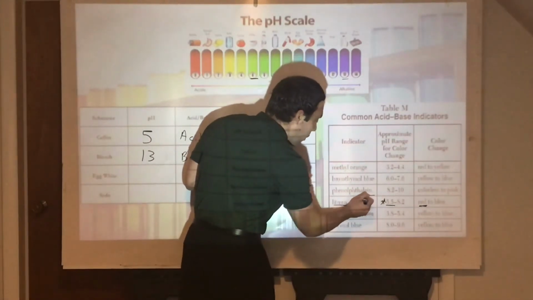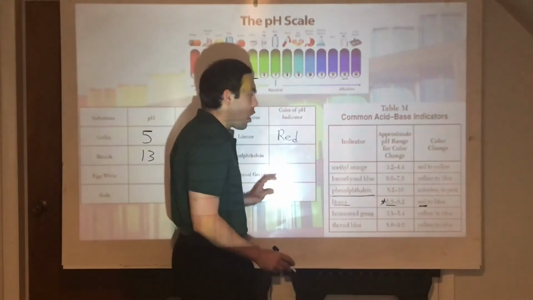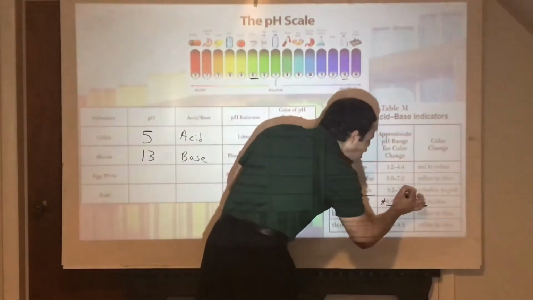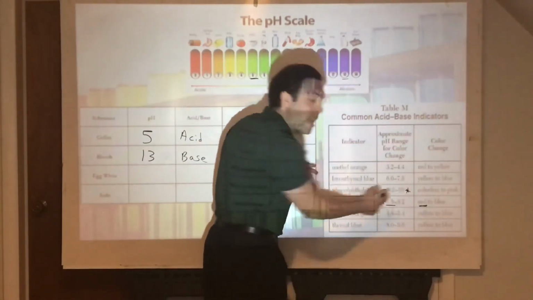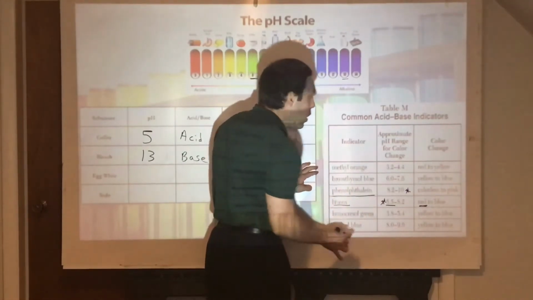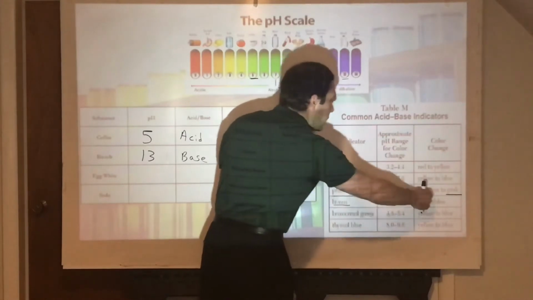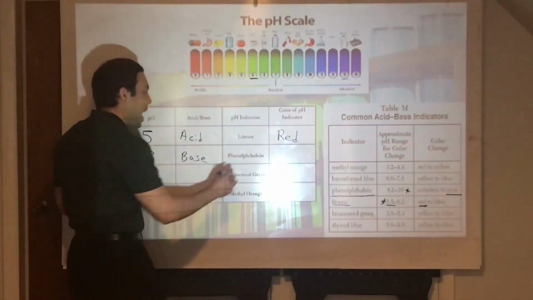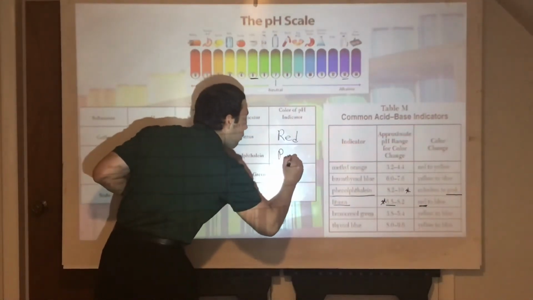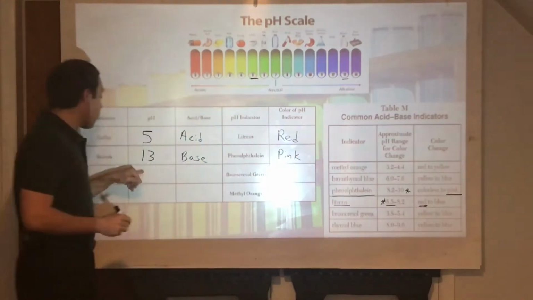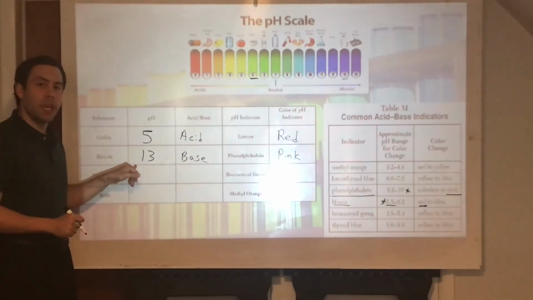We find phenolphthalein, which is right here. 13 is greater than 10, the number on the right, so it's going to correspond to the color on the right. In this case, the phenolphthalein will be pink in a solution with a pH of 13.